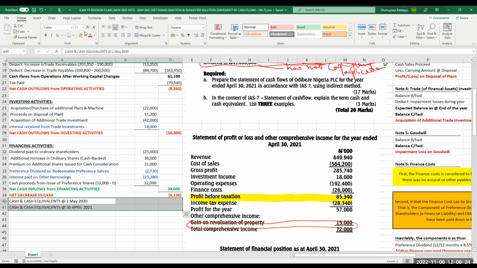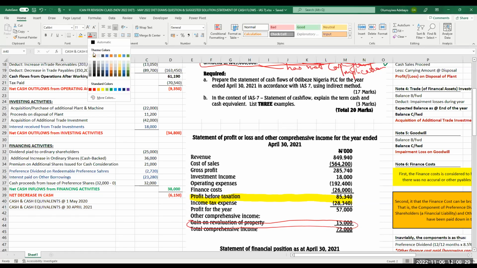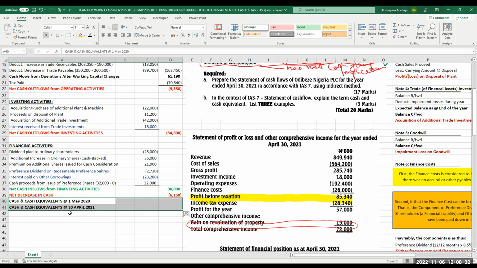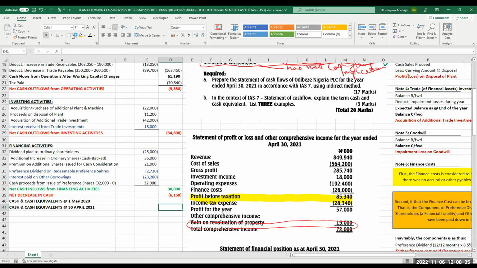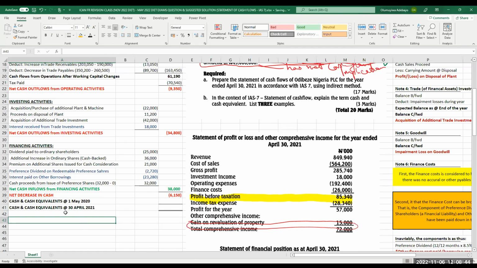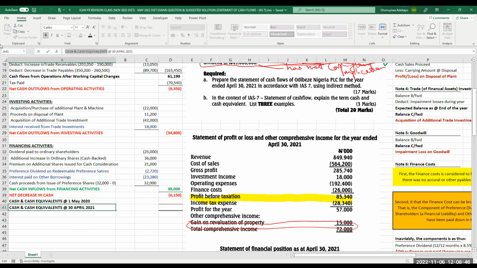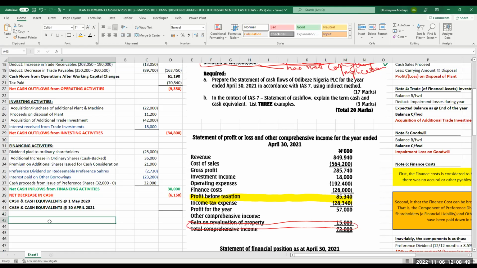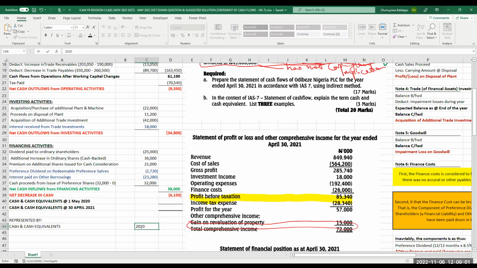Therefore, we put these two in black. Okay, now here you come up and drop your cash and cash equivalents. Now I have 2 years, 2020 and 2021.